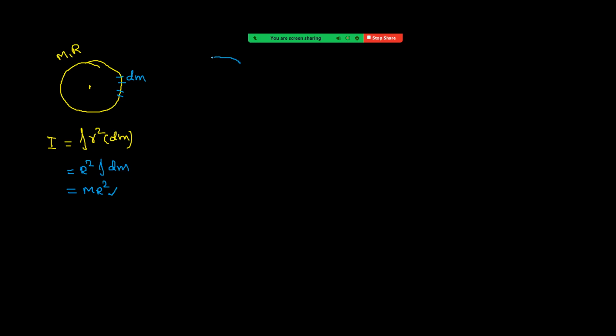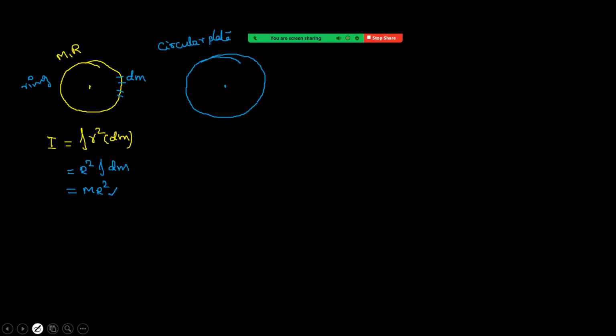Let us consider a circular plate where the distribution of mass is uniform. So we are taking now a circular plate, or you can say a disc. This is the ring. Then see how to calculate.